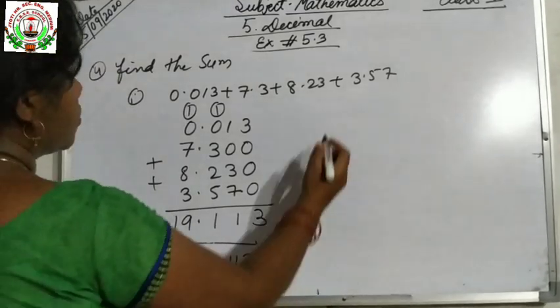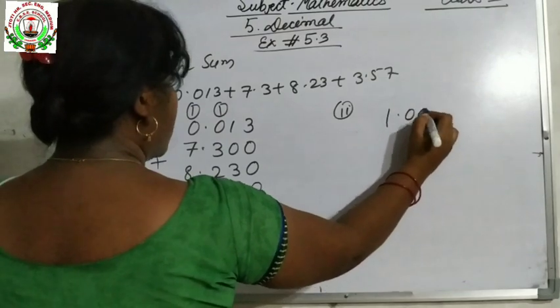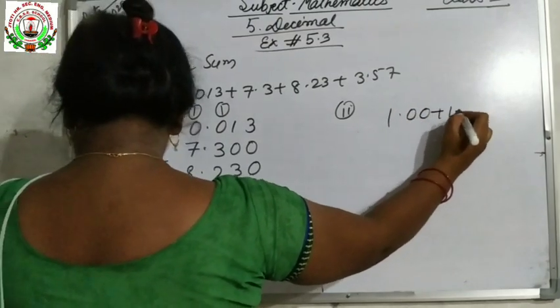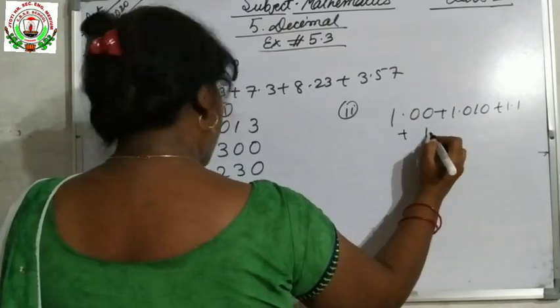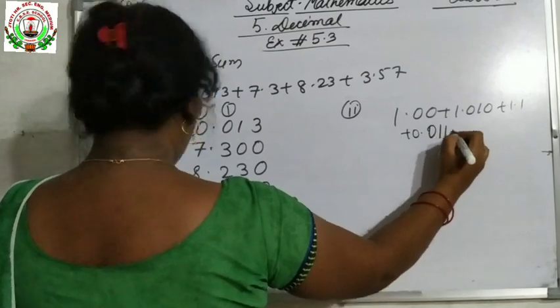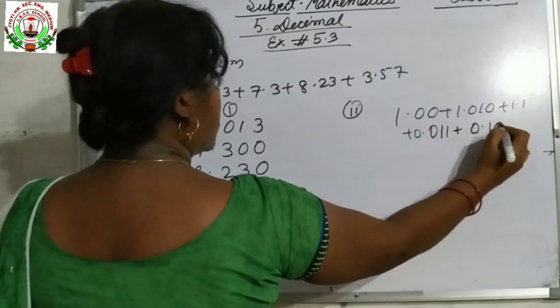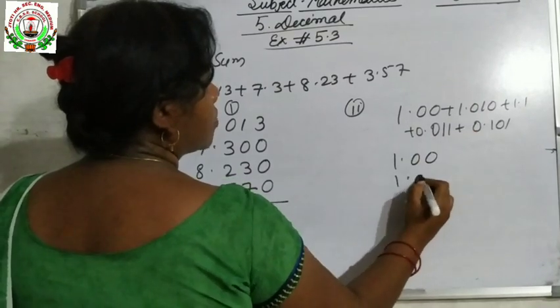One more question we will do, that is number 2. 1.00 plus 1.010 plus 1.1 plus 0.011 plus 0.101. Here 1.00, then 1.010.